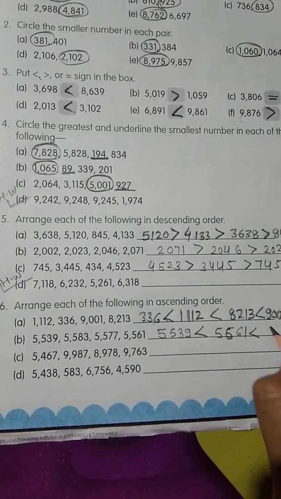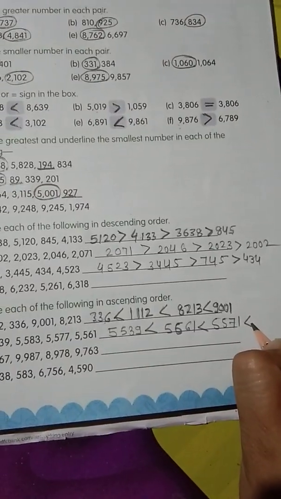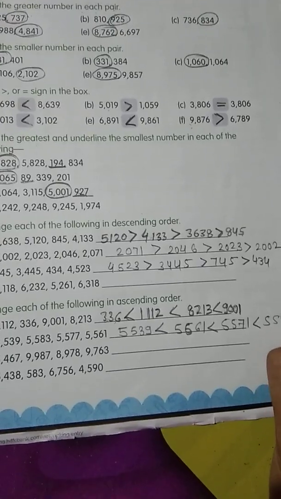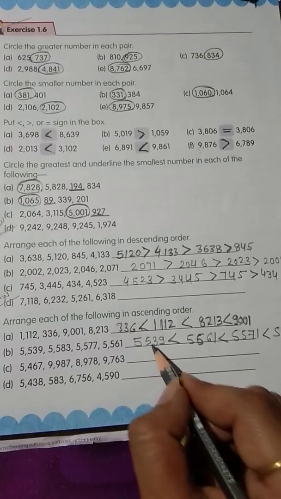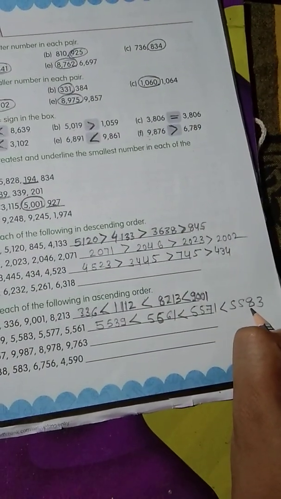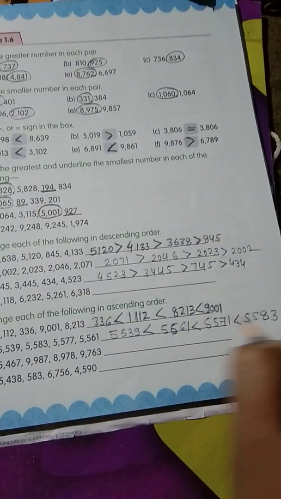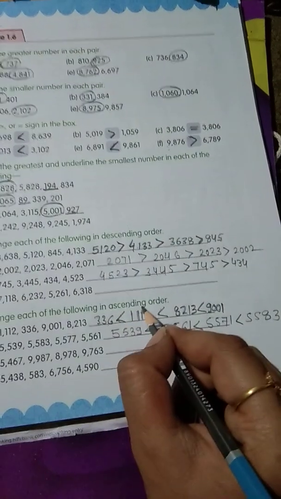After then 5571 and 5583. So all of you understood? 39, 61, 71, after then 83. All of you understood? Smallest to greatest. Okay, this is called ascending order.